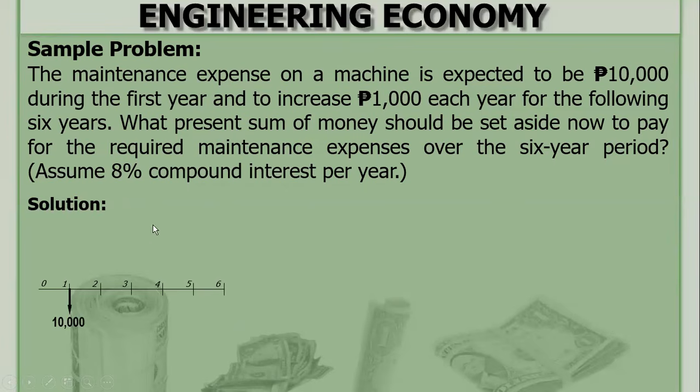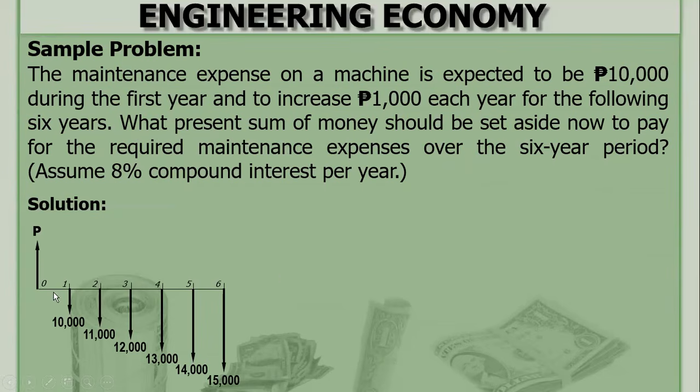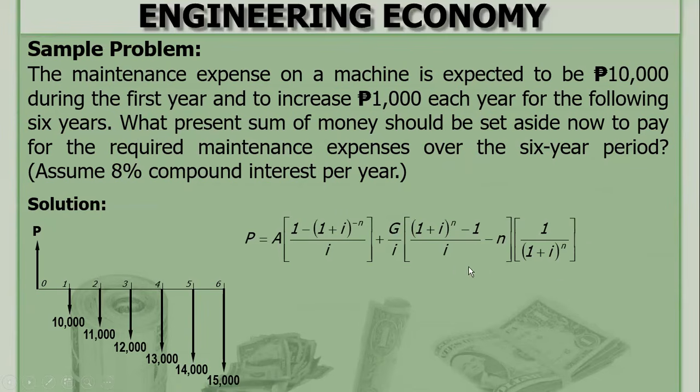So 10,000 during the first year, and then it increases by 1,000 in each succeeding year. So 11, 12, 13, up to the end of the 6-year period. And the question is, what present sum of money should be set aside? P. So this is the basic cash flow diagram of a uniform, linear gradient. So we just use the formula.